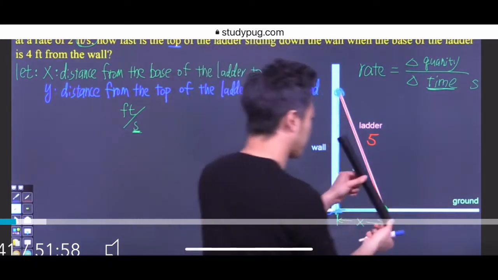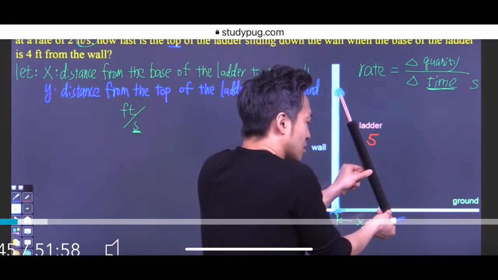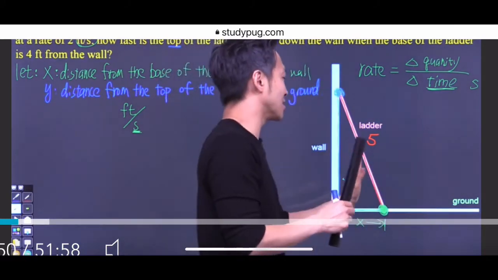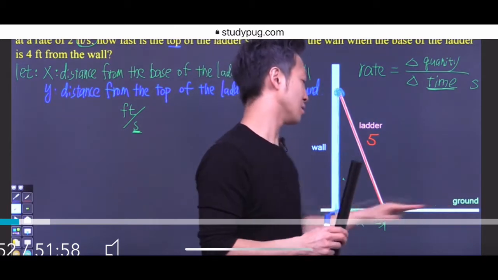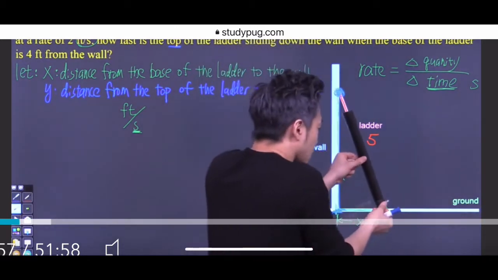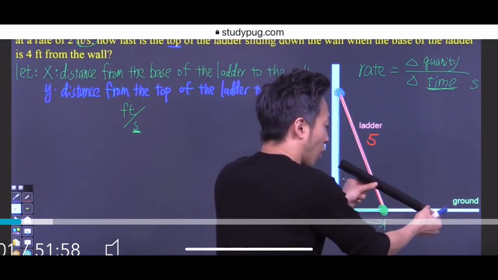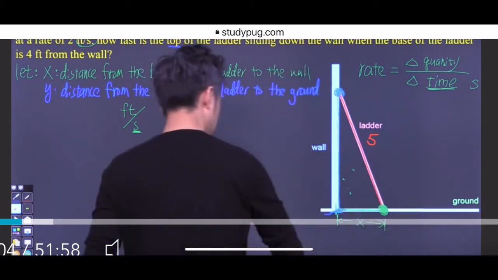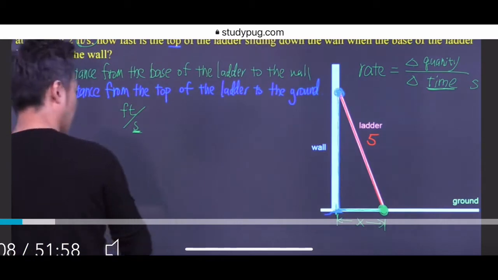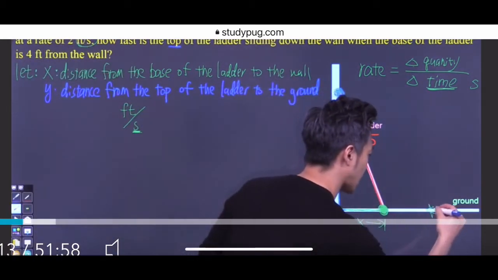Now look. As the base of the ladder slides away from the wall, let's say the ladder is sitting on icy ground, very slippery. So as the base of the ladder slides away from the wall, let's say the base gets to here at some point in time.